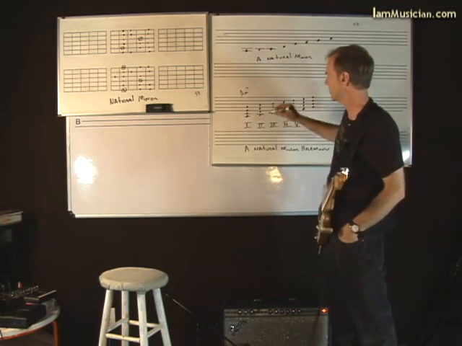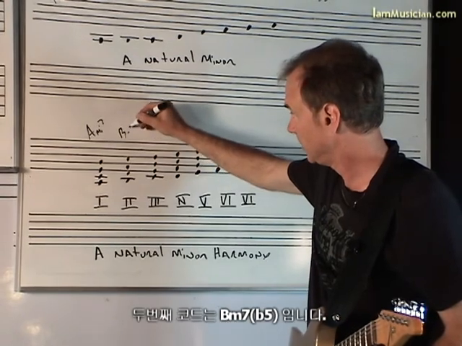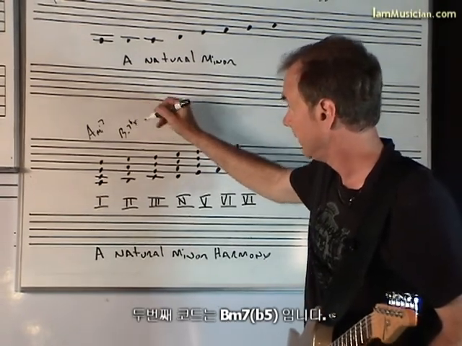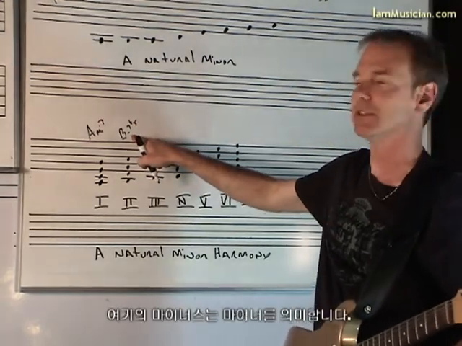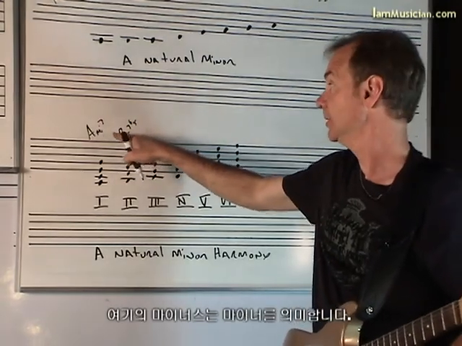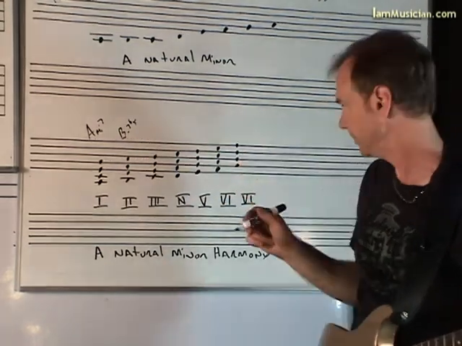The second chord is called a minor 7 flat 5, and I'm using the dash to mean minor, just like I did here. It's just an abbreviation.